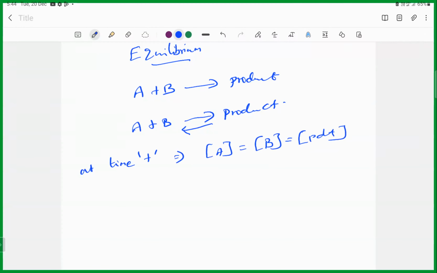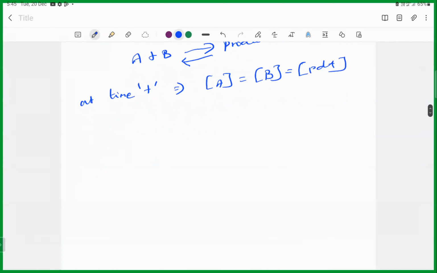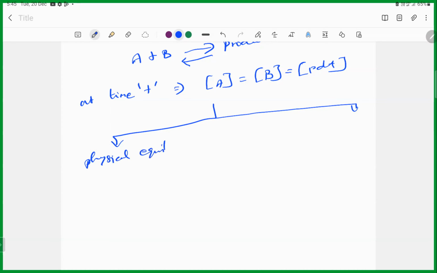Yes, sir. Okay. So now I said physical equilibrium and chemical equilibrium. What are the physical equilibriums? The physical equilibriums are solid-liquid equilibrium.